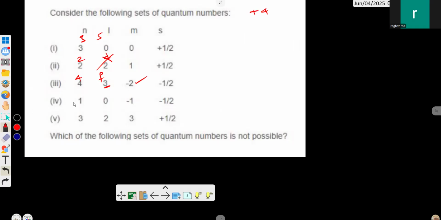Then for 1s, the magnetic quantum number must be 0, so this is also not possible. So the second is not possible, and the fourth is not possible. This is 3d, but it should not have this magnetic quantum number. So 2, 4, and 5 are not possible.